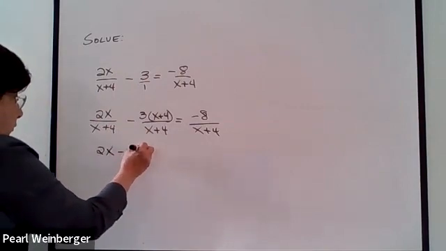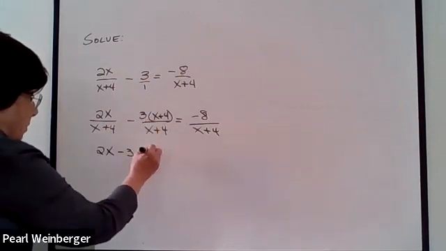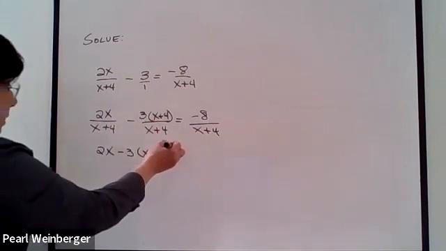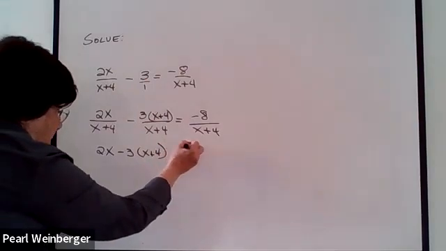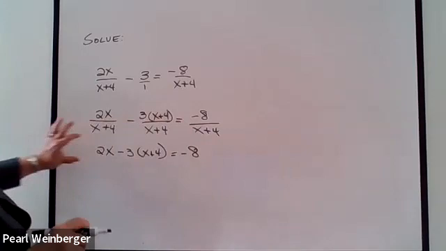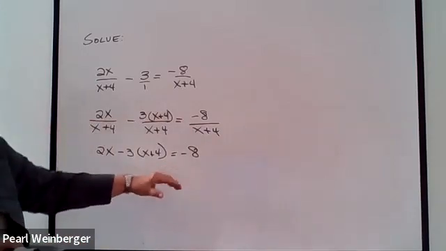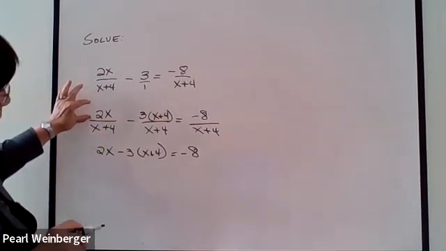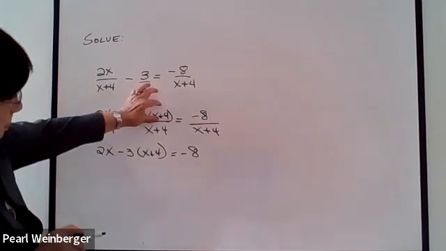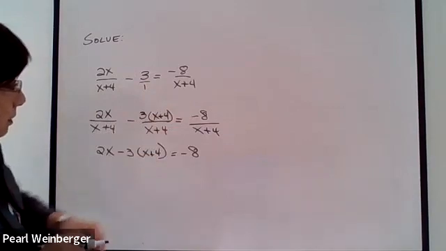Notice I'm being very careful. I'm putting the 3 times x plus 4 in parentheses because I want to make sure I multiply by the whole thing. So I end up with just a regular equation without any denominators: 2x minus 3 times (x plus 4) equals -8.